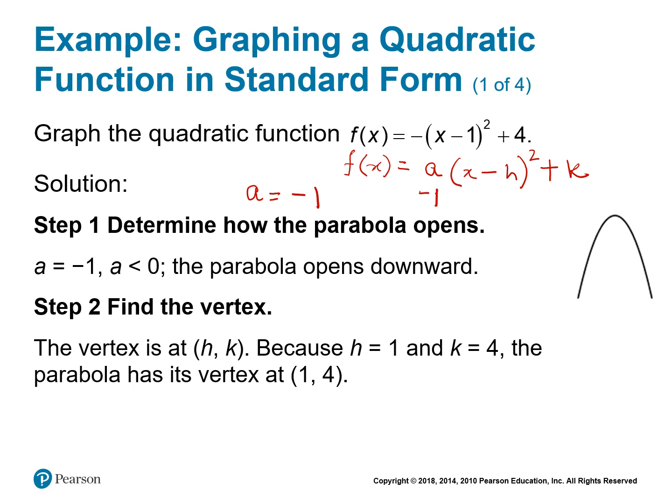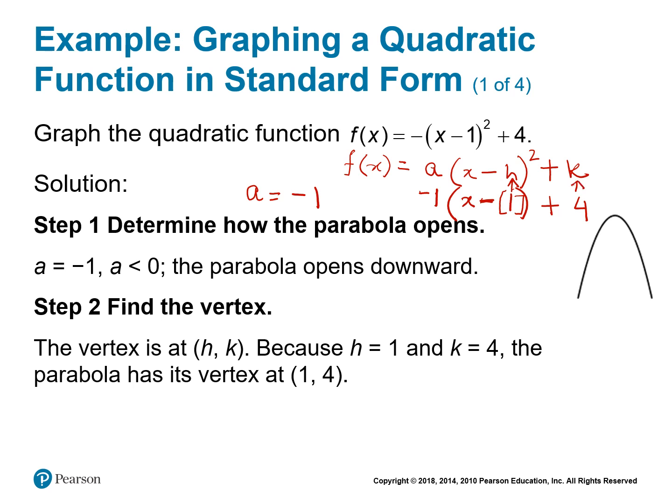A is negative 1. We figured that out. Then x, and then we have the minus. Minus has to be visible. And then after minus comes a 1, all right? And that is going to be the value of h. Okay, plus 4, which is going to be the value of k.